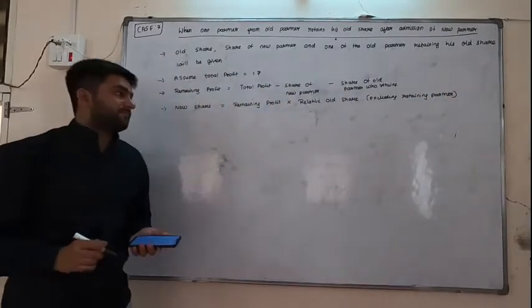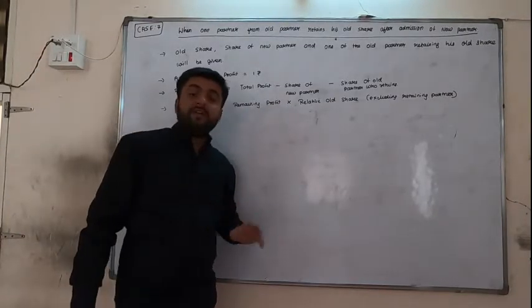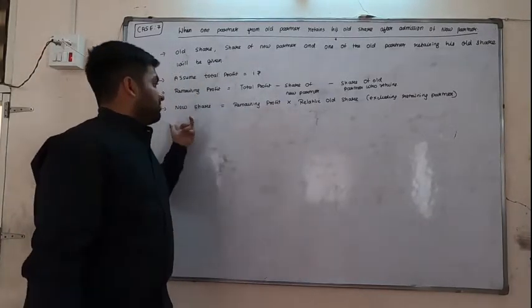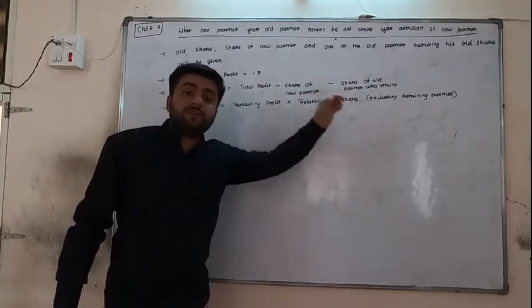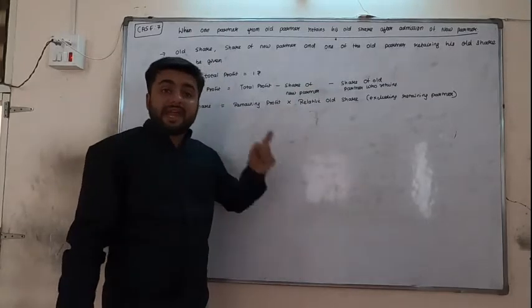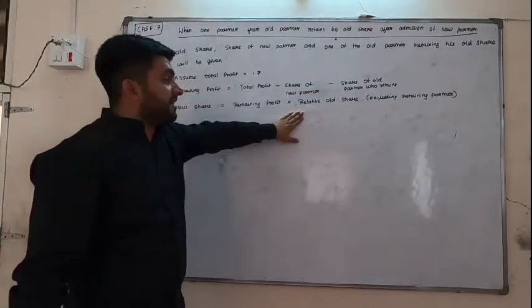See, in case 1, new share is equal to remaining profit multiply old share. In case 2, new share is equal to remaining profit multiply relative new share because new ratio of old partners is given. And in case 7, one partner is retaining, so we are writing here relative old share.